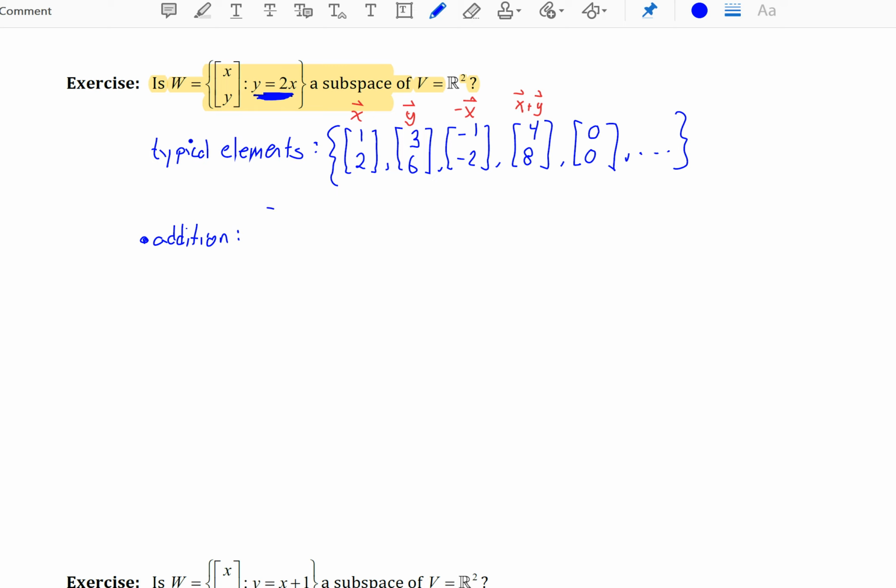So imagine some element in W. Maybe it's A, and then the Y value would have to be 2A. And let's add it to another element of W. If X were B, Y would have to be double that. Notice now that if we added these two vectors together, again, where you add vectors is you add their corresponding components.